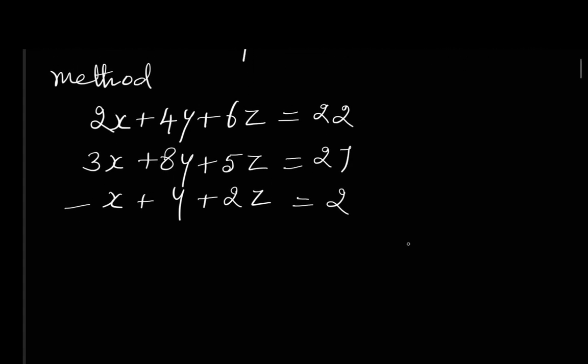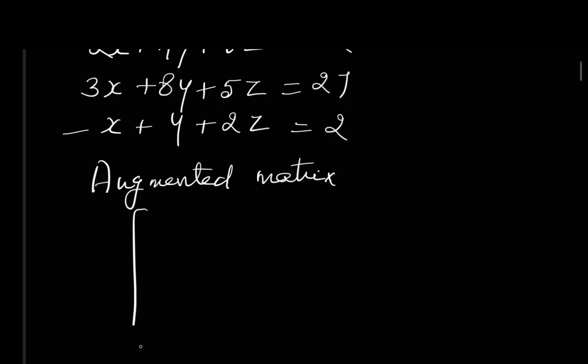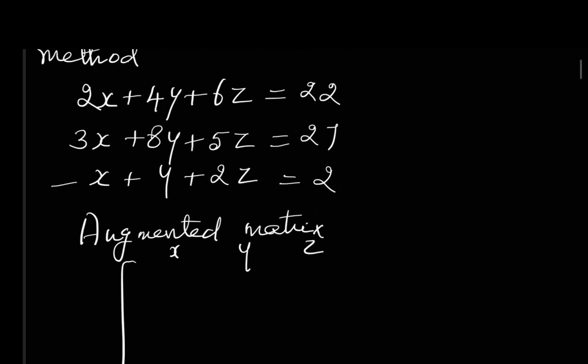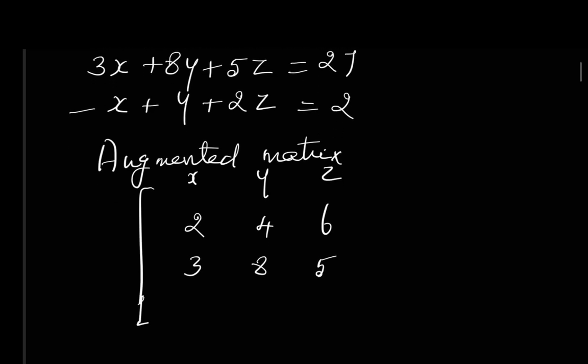Already I have explained to you in the first sum the elementary transformations and the echelon form method. So first we write the augmented matrix. Write the coefficients of the variables: first equation, x coefficient, y coefficient, z coefficient: 2, 4, 6; 3, 8, 5; minus 1, 1, 2.